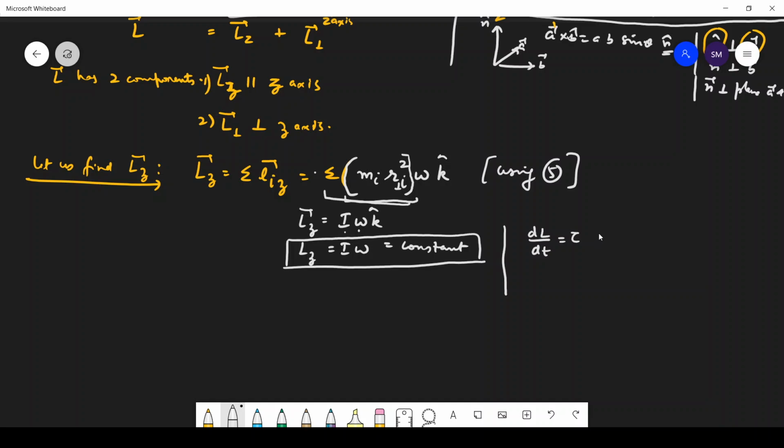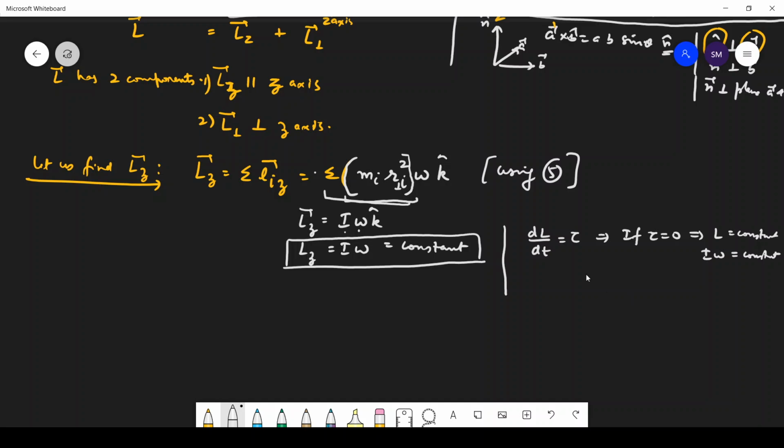So L is constant only if tau is equal to 0. So if tau is equal to 0, then only L is constant, because the derivative of a constant is 0. We have used it earlier also, and it means L is I omega, and that is constant.